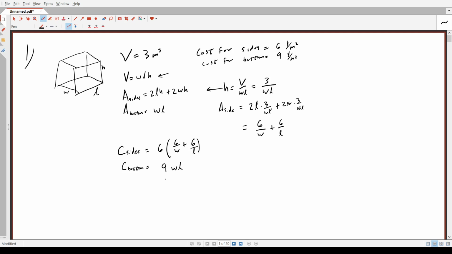Okay, so now I can write the total cost as being 36 over W plus 36 over L plus 9WL. And that's all it wanted us to find, was just the cost in terms of W and L.